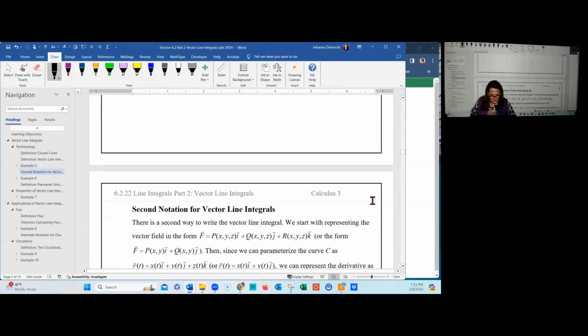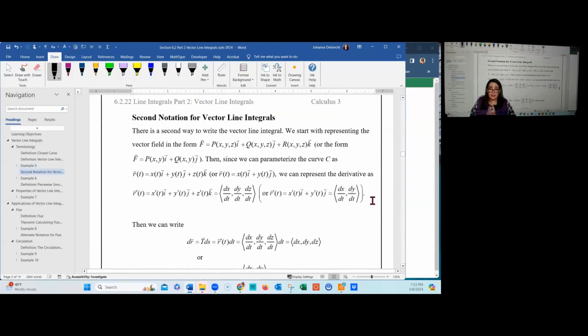There is a second notation that we can use for vector line integrals that you may see in some textbooks and some applications on the internet. We start with representing the vector field in the form of P of x, y, z in the i hat direction, Q of x, y, z in the j hat direction, plus R of x, y, z in the k hat direction.